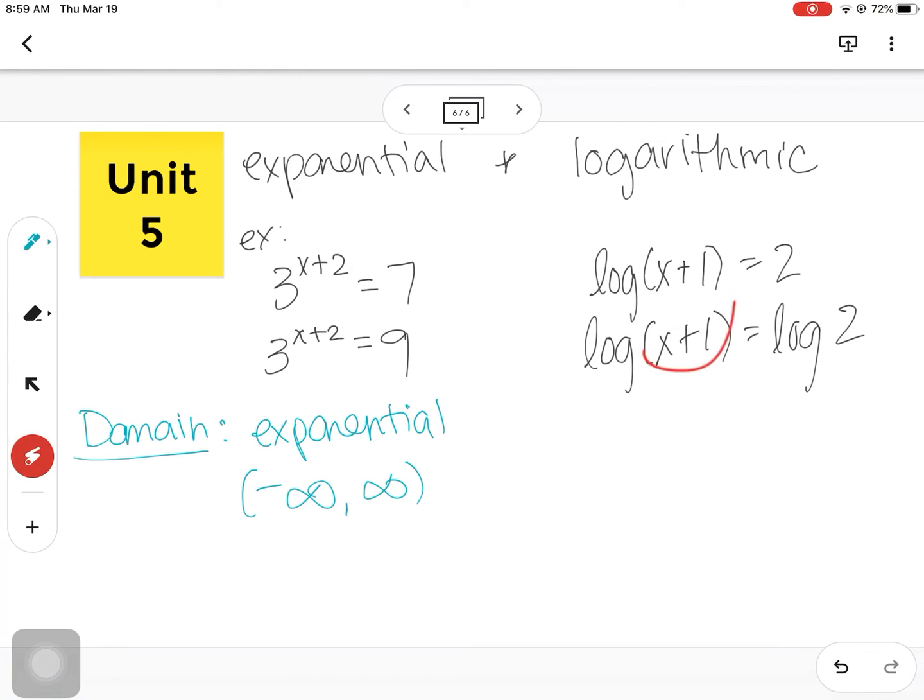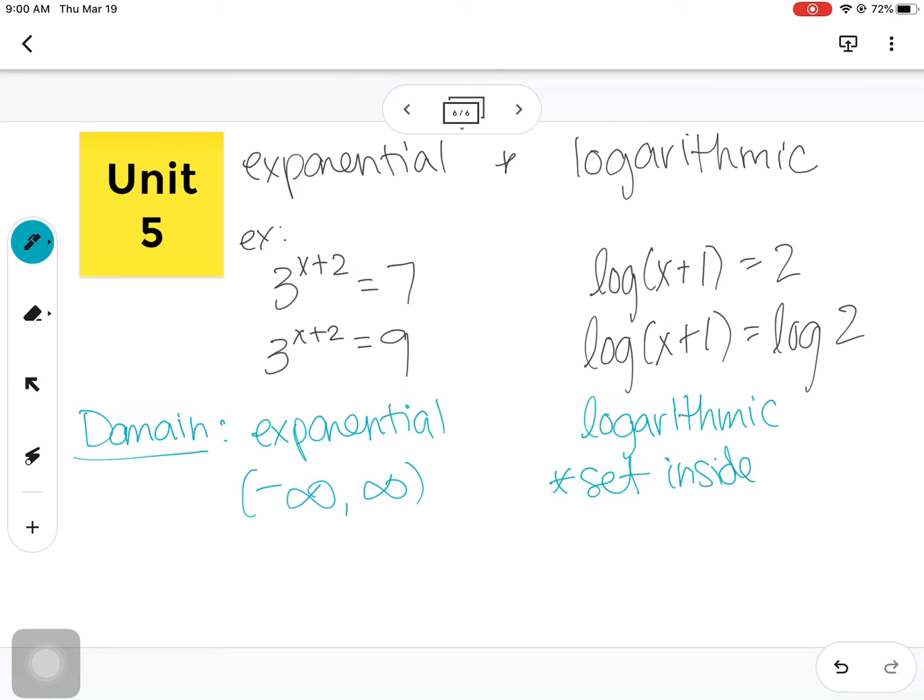For logarithmic, it's a different story because you cannot have a negative or a 0 inside your log. So what that means for us, we will set the inside of each log to be greater than, not equal to, 0 and solve.